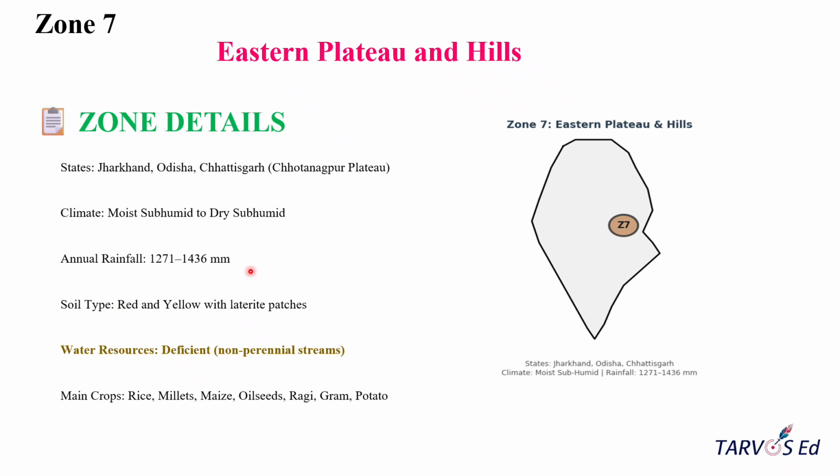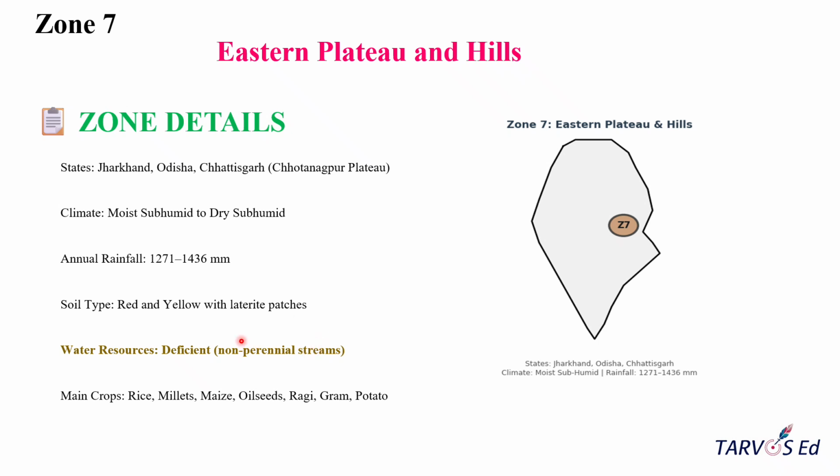And the soil is mostly red and yellow with laterite patches, which is less fertile when compared to the alluvial plains we saw earlier. So one key challenge here is water resources, which are very deficient because most streams are non-perennial.